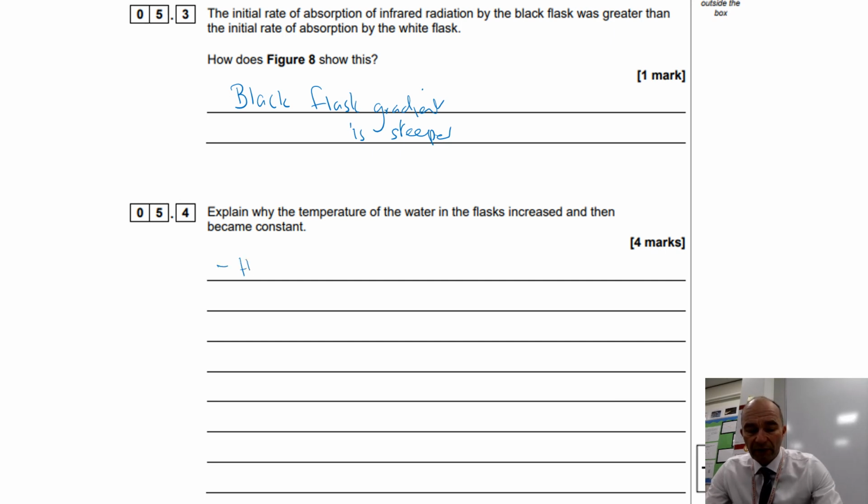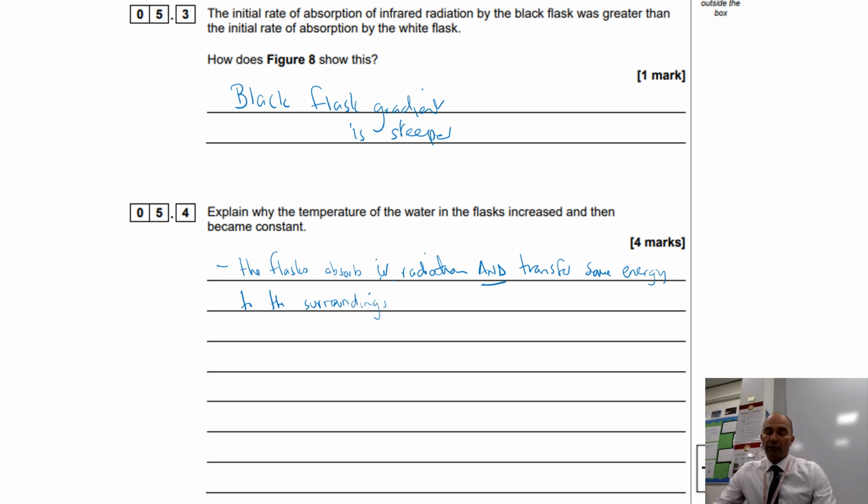So the flasks initially absorb infrared (IR) radiation, and they also transfer some energy to the surroundings. So it's important to remember that not only do our flasks absorb infrared radiation, they will also emit some of that energy to the surroundings.